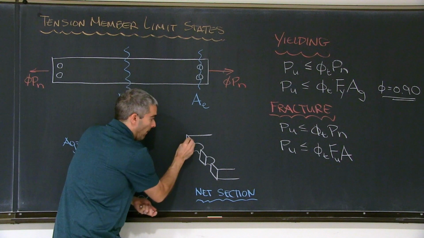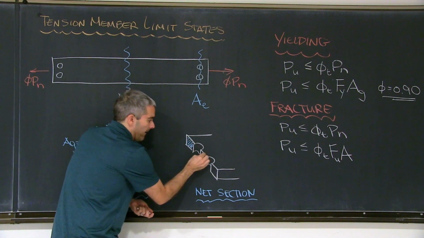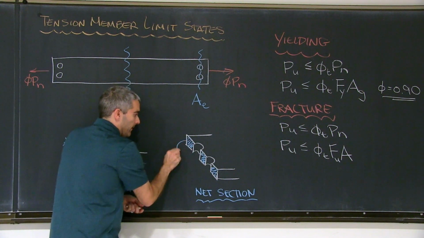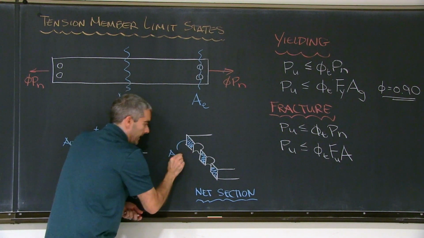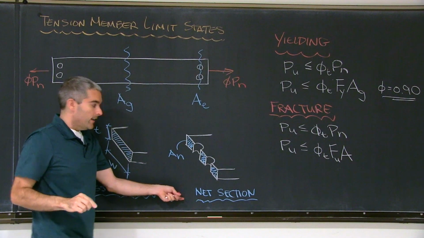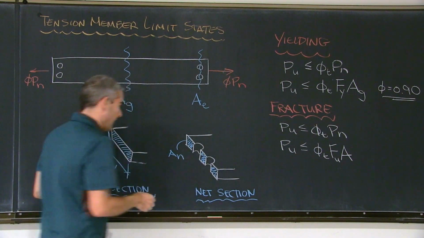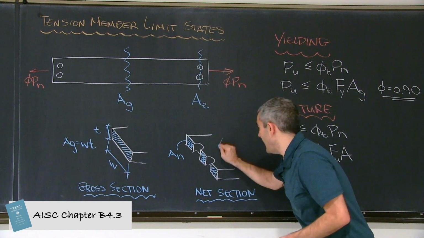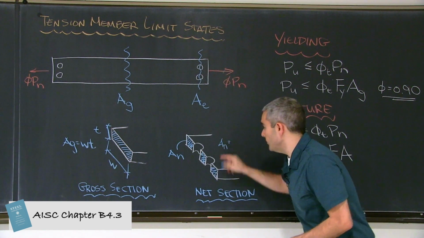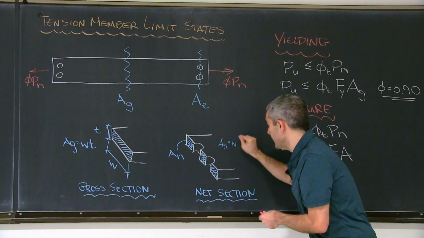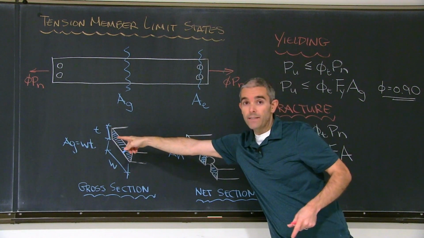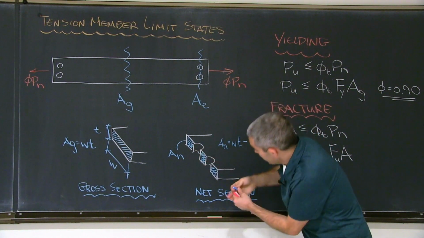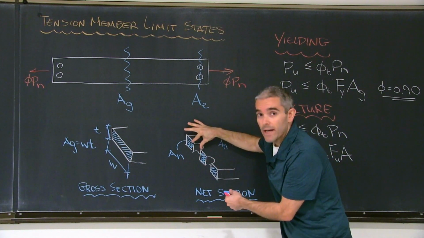And now we need to come up with a formula for the area shaded here in blue. This is what we are going to refer to as the net section area. So how can we come up with what the net section area is? Well, for steel members, we'll say that the net section area is equal to the width times the thickness, or the gross sectional area, minus this rectangular portion that's gone because of the bolt holes.